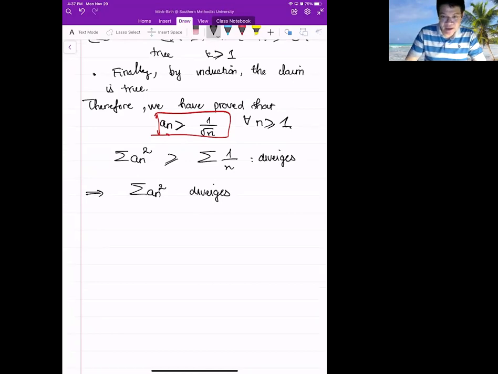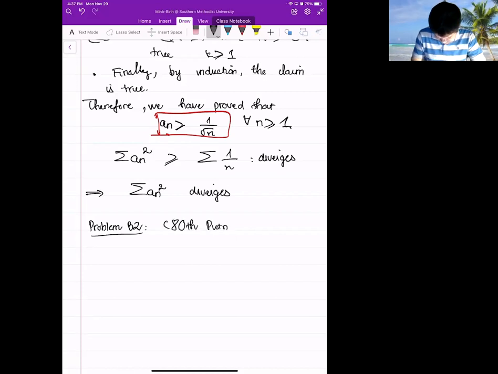So this is from the Putnam competition of 2019.